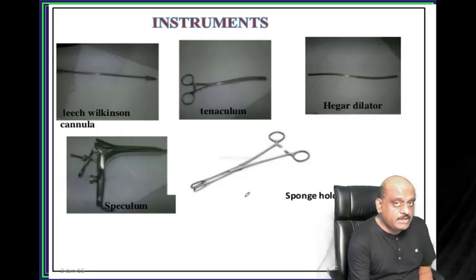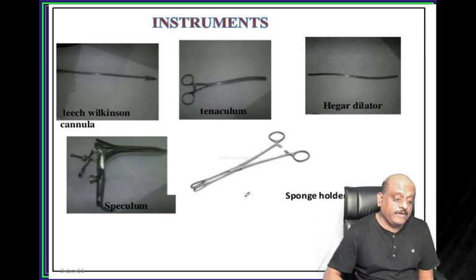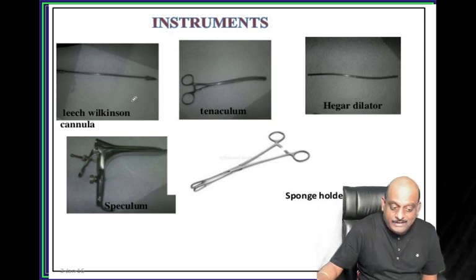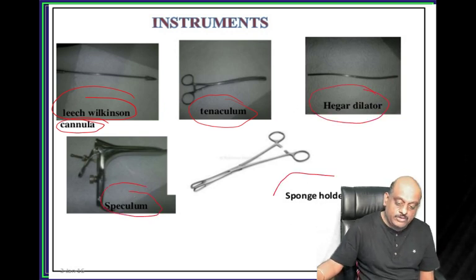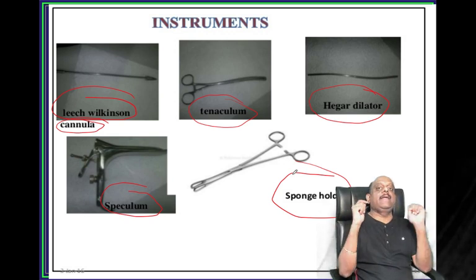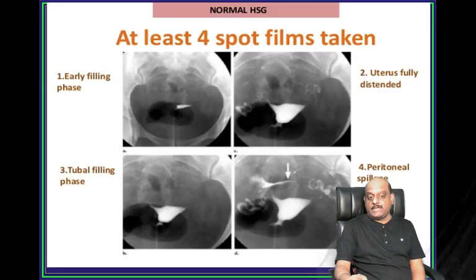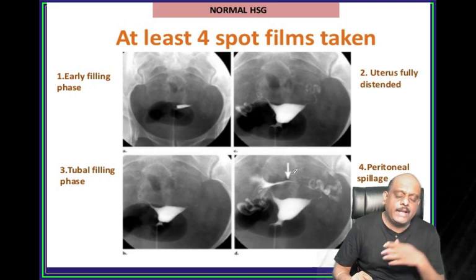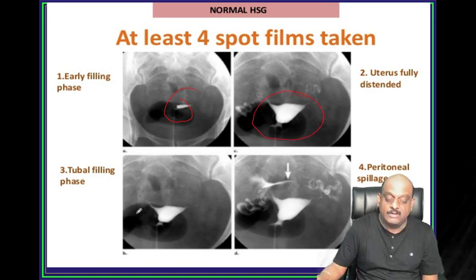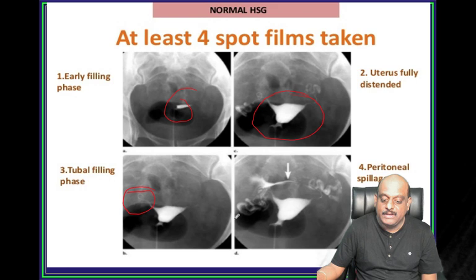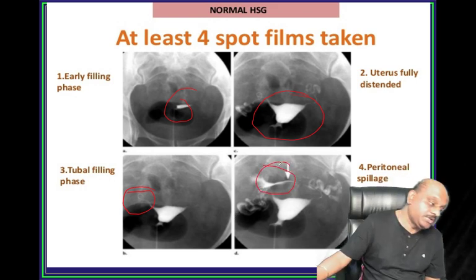Now, the instruments in hysterosalpingography are a favorite area, doctor. Leech-Wilkinson cannula, this is the tenaculum, Hegar dilator, speculum, sponge holder. These are the armamentarium you should be sure about for hysterosalpingography. You need to take at least 4 spot films: early filling phase, uterus fully distended, then tubal filling, then peritoneal spillage.